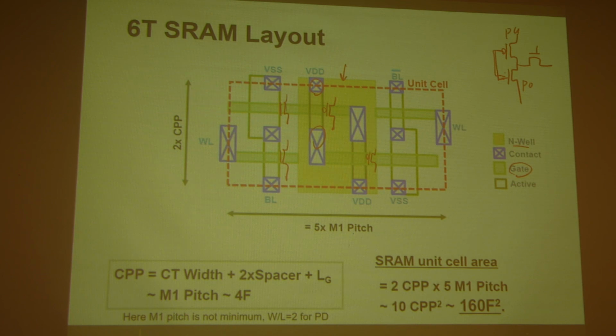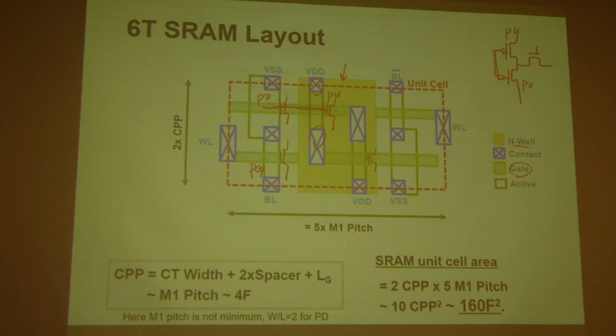So this is the same gate. This is the PMOS, you already identified this is pull-up. Then this one must be pull-down, and this is pull-up. And then, of course, this will be the pass gate. So you should be able to correlate from the circuit schematic to this layout.